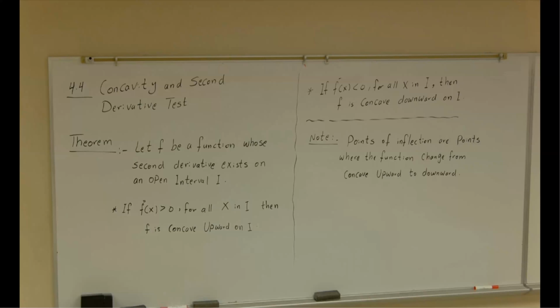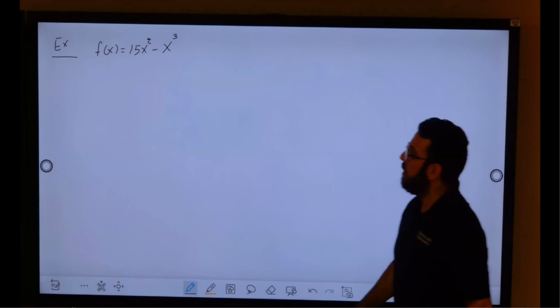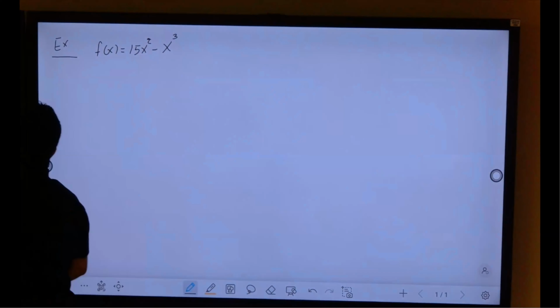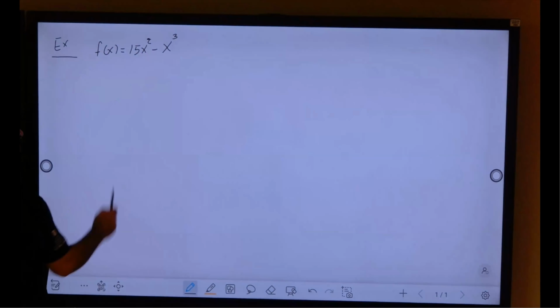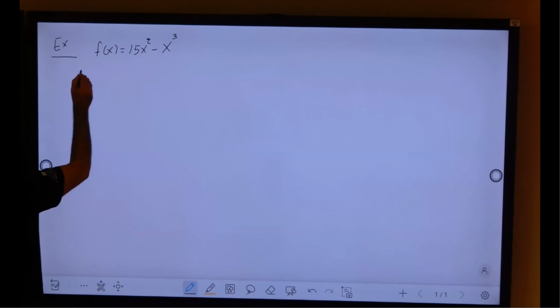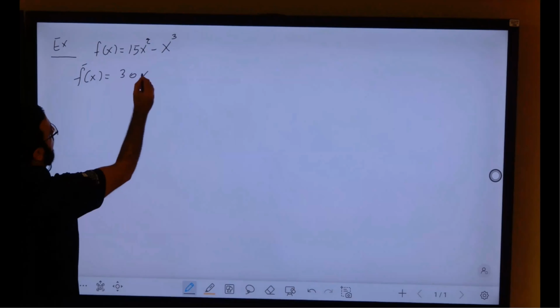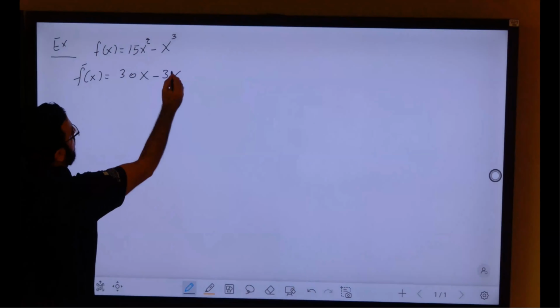Let's check with a simple example. Second derivative test: here is the function. We need to find in which intervals it is concave up and down. So I'm going to find the first derivative, which is 30x minus 3x squared.